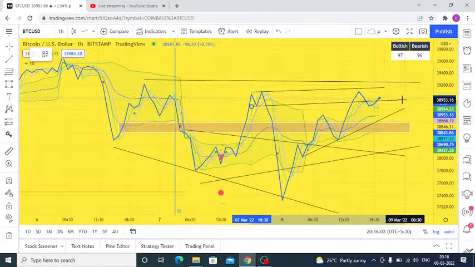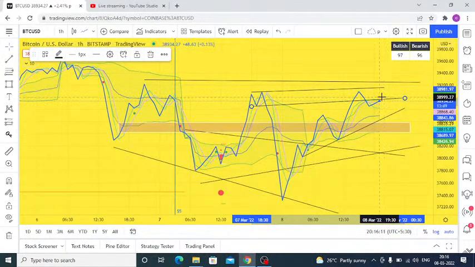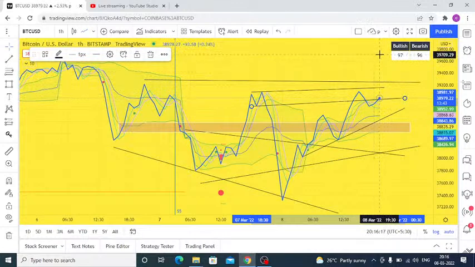So we can still say that Bitcoin, you can buy over here if it is closing above 38999, for a target of 39800.